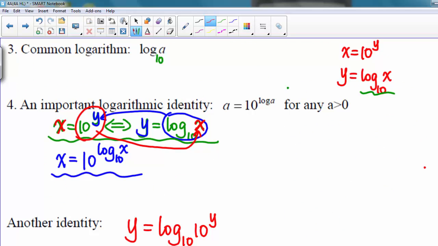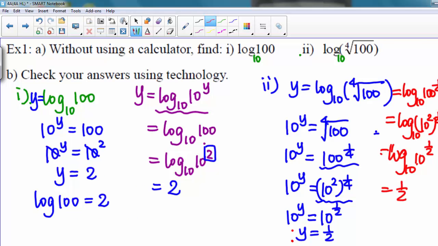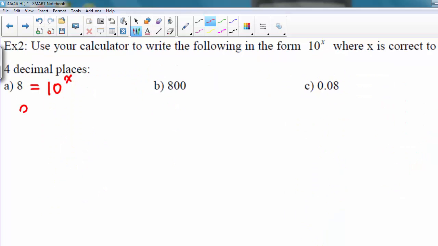But if we go back to the first identity, that's how I can change any number a to the power of 10. So a equals 10 to the power of log a. So here I will know my 8 is the same as 10 to the power of log 8.